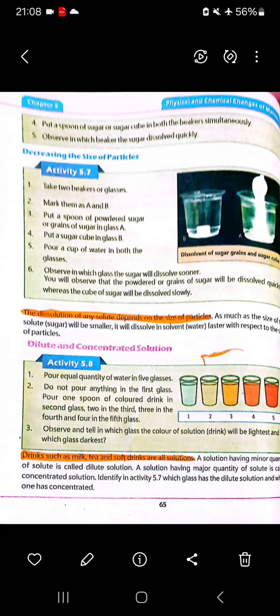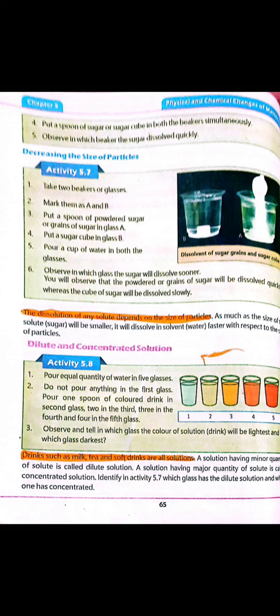Now decreasing the size of the particles also increases the solubility of the solution. For example, you are again going to make a solution and you have two beakers. In beaker A, you put the sugar in powder form, and in beaker B, you put the sugar that consists of large particles, that are in large size. And now stir both of them.